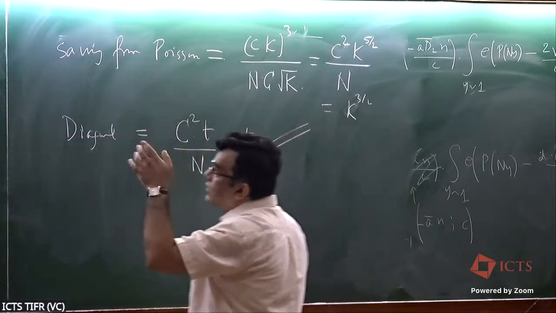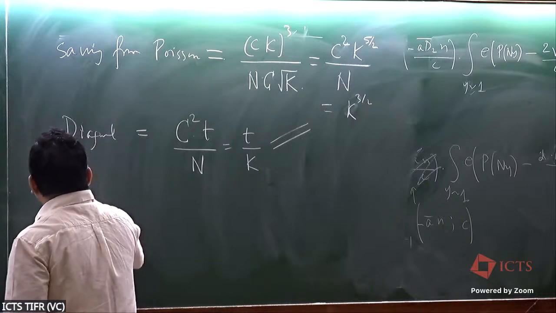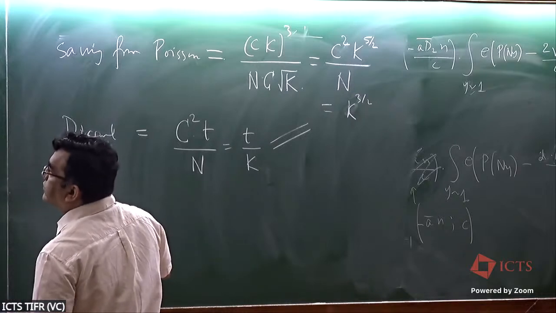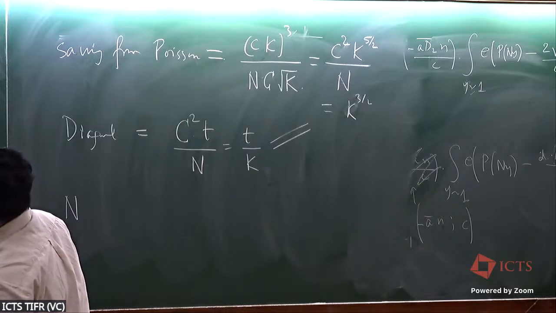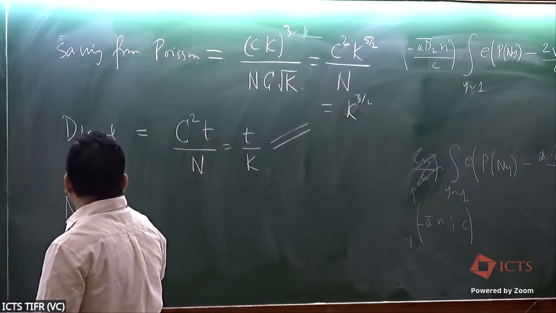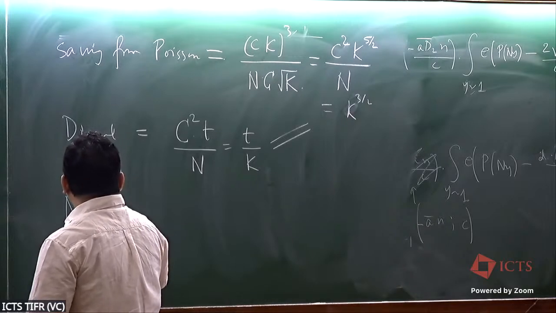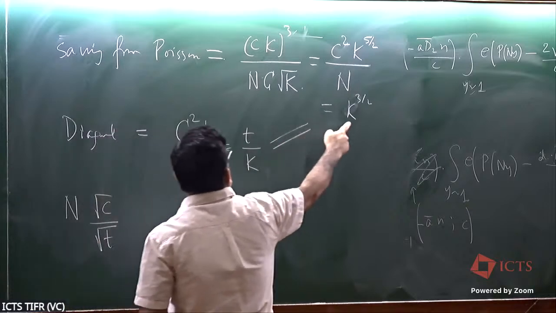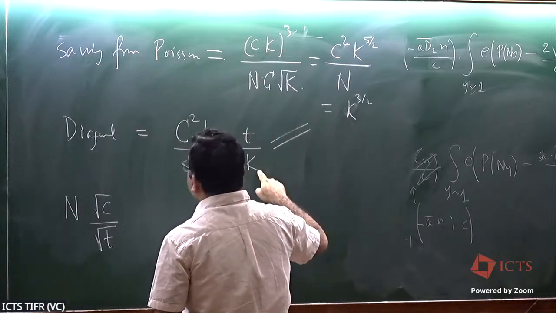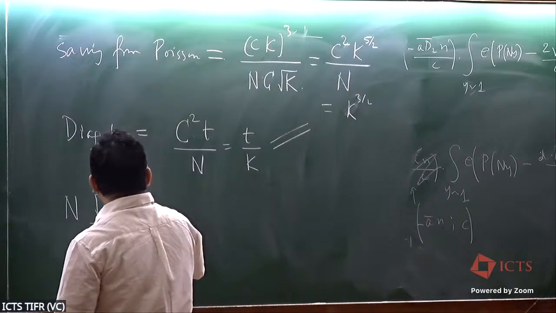Right, and so finally you have N, the N by C squared is K, C root C by root T, and then I have this extra K to the power 3 by 2. This is equated to this one, right? Or you can take T by K squared.